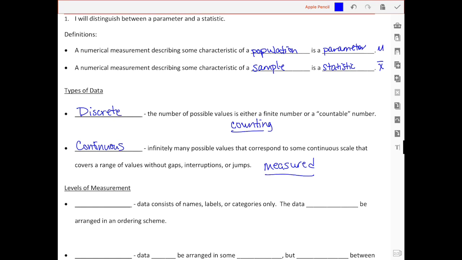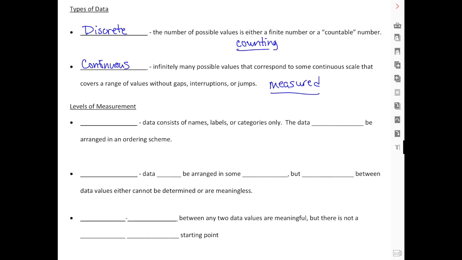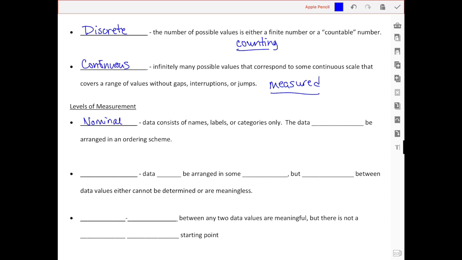Okay. And I've got 4 levels of measurement. The first would be nominal. This is data that consists of names, labels, or categories only. The data cannot be arranged in an ordering scheme.